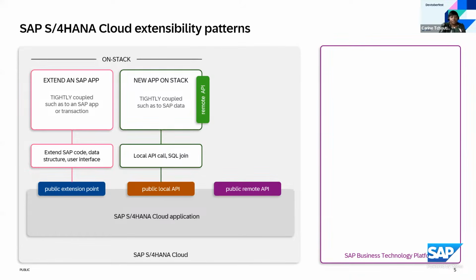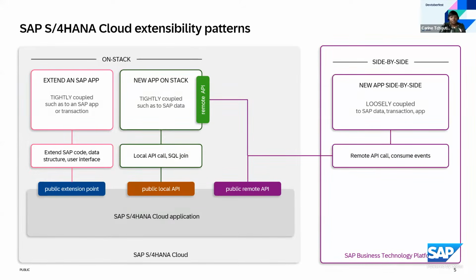And also for some scenarios, we can create remote APIs in order to access the stack for side-by-side extensions, so extensions that are not directly built on top of the stack.